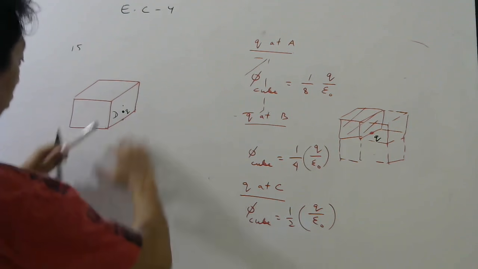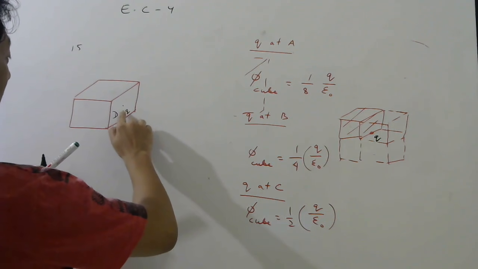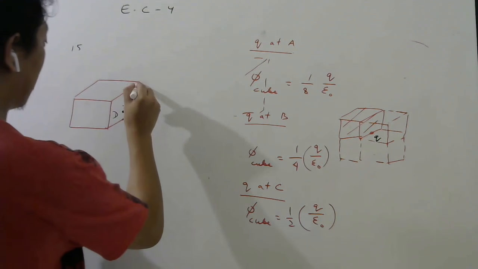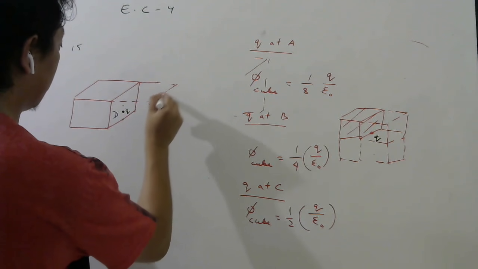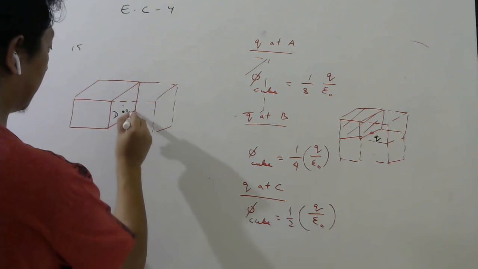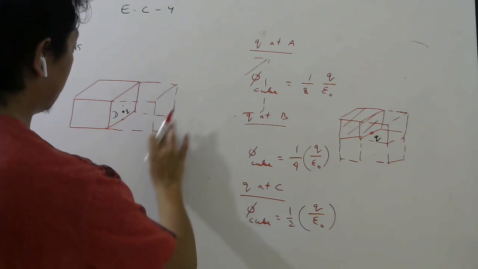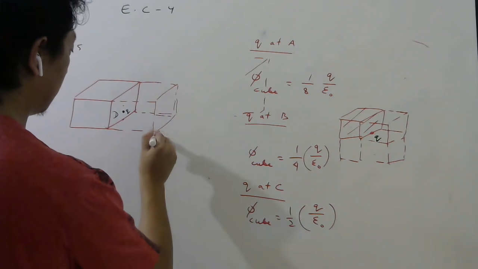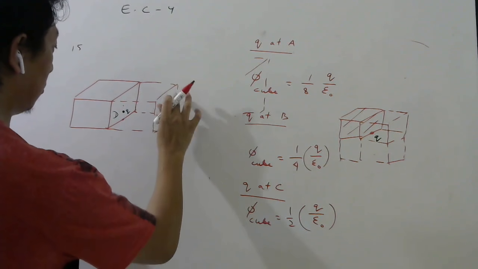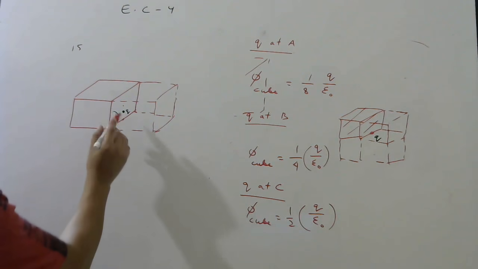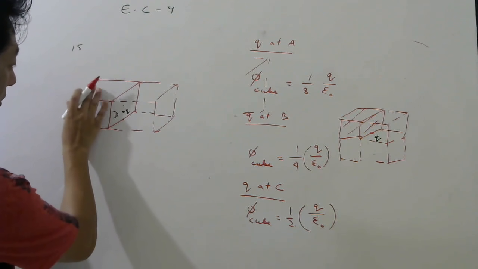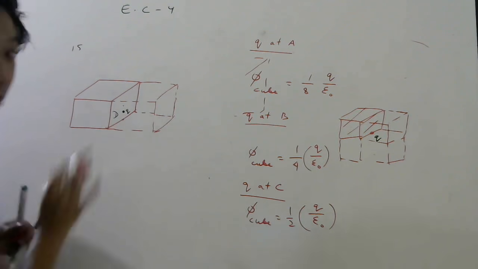Well, if you put 4 cubes, then you know this will be nearer to this cube. So the best way to do is put just one more cube. Exact cube you put. Okay. So if you do like this, then you can see the way this charge is kept for this cube, same way it is kept for this cube also.